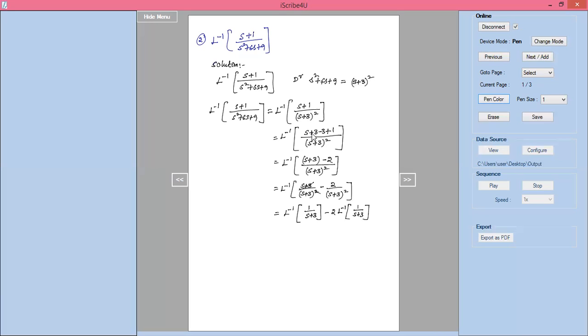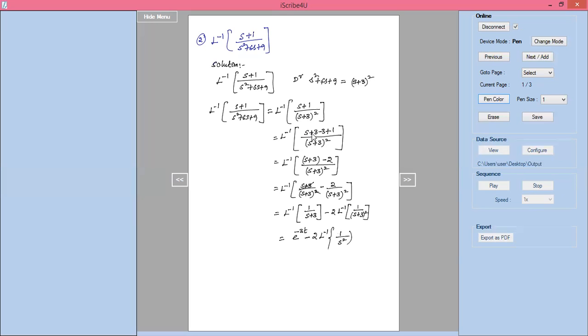Now we know that here s plus 3 is there, so directly I'll write e power minus 3t for the first one. Here I'll write minus 2 into this. I'll replace s plus 3 by s, so this one should be 1 by s square.